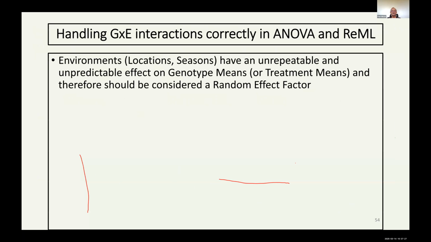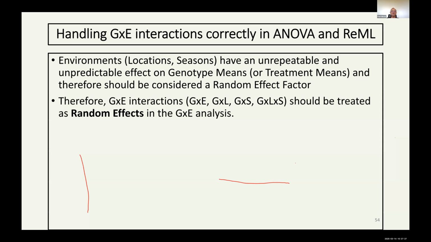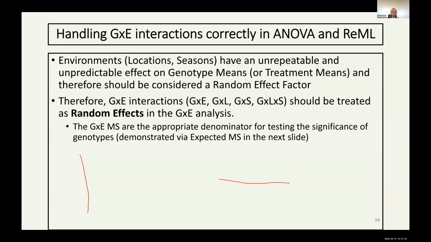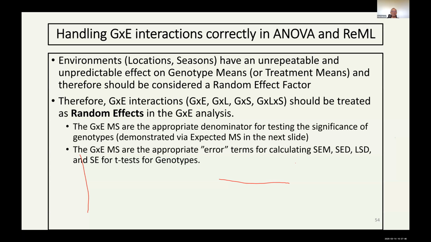Now, environments, locations, and seasons have an unrepeatable and unpredictable effect on genotype means or treatment means, and therefore should be considered random. And all the interactions of genotype with those environmental factors should also be random.